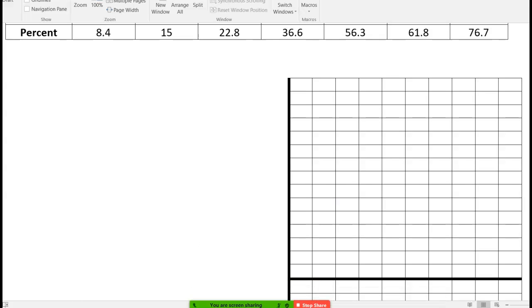Let's plot our points. The years are going to be on the bottom and the percents go up the side. So it's important to label it. And you have to make sure when you do your years that you write them evenly. So we're going to start with 1980. But then I don't go to 84.